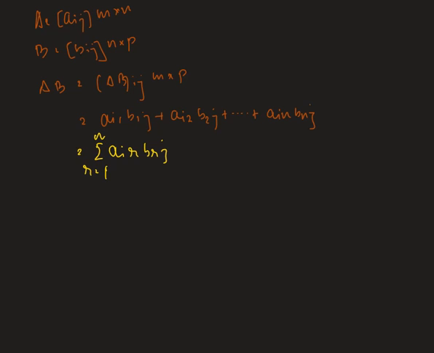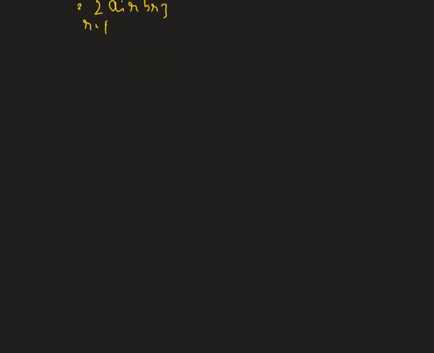Now let's see this with an example. Suppose we have two matrices. The first matrix is defined as 2 0 7. These are the elements of the first row, and this is the second row, and this is the third row.